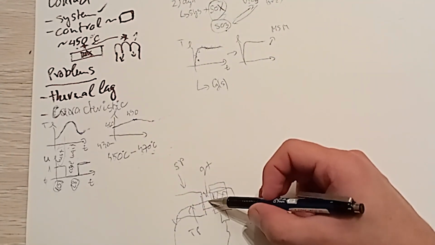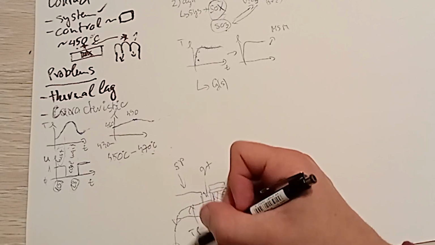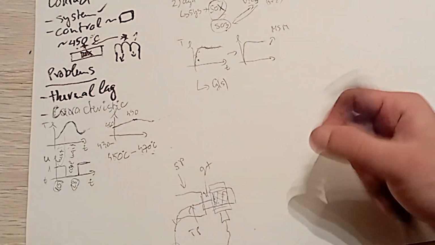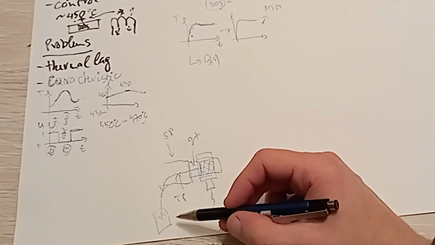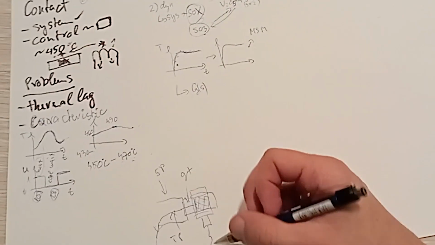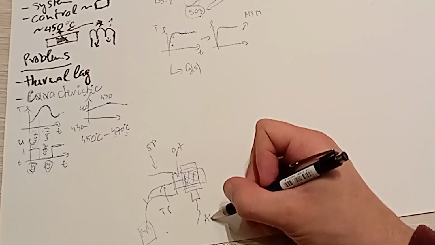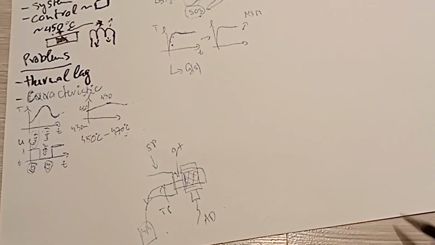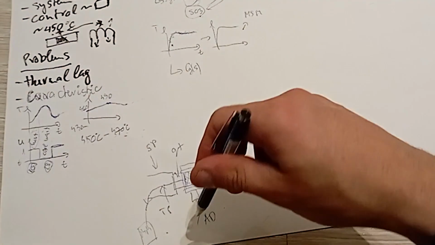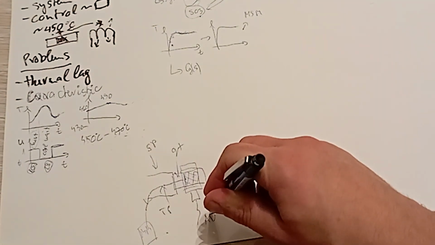And I measure this with a multimeter. So here's my multimeter, and here I can connect this to the Arduino. So the Arduino reads the external temperature.